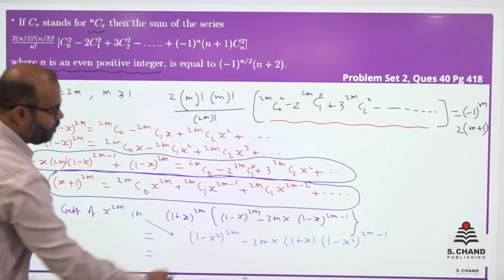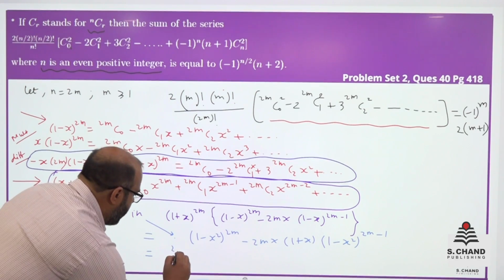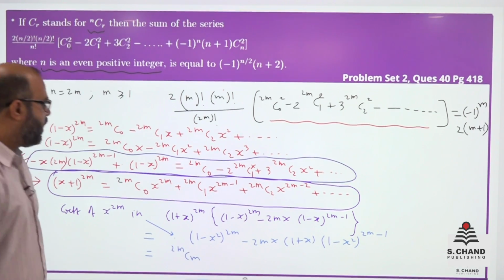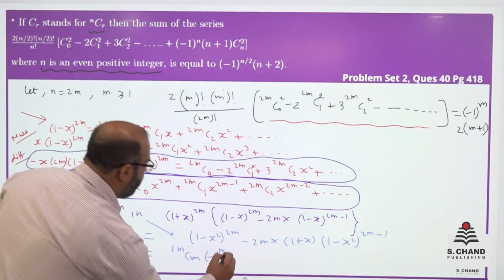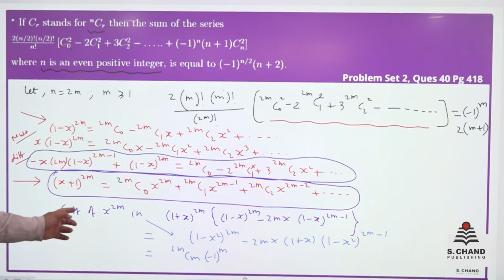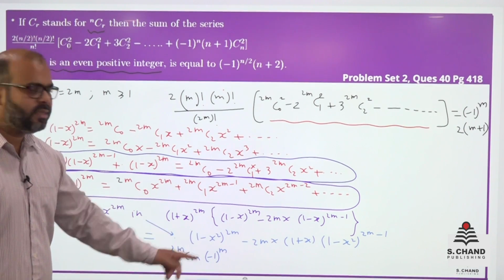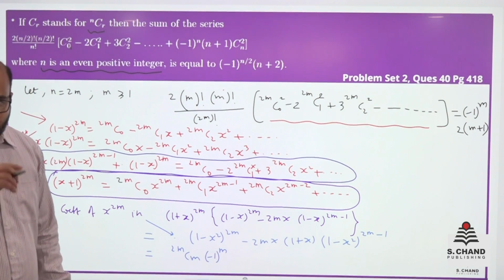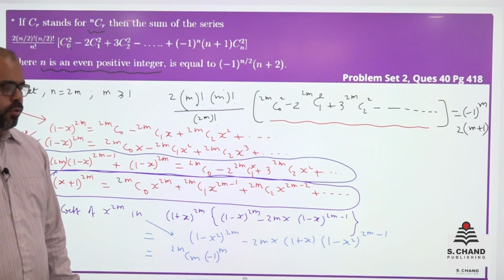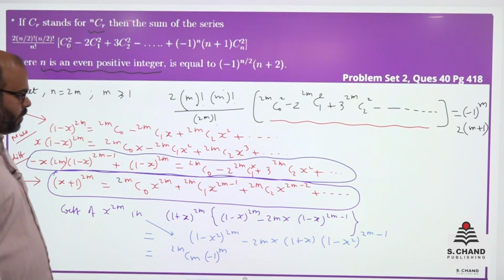Here in the first term, 2m cm will give you x to the power 2m into minus 1 to the power m. This is the coefficient of x to the power 2m, because if you take r such that it is x square to the power m, then you will get x to the power 2m, and 2m cm into minus 1 to the power m will be the coefficient.